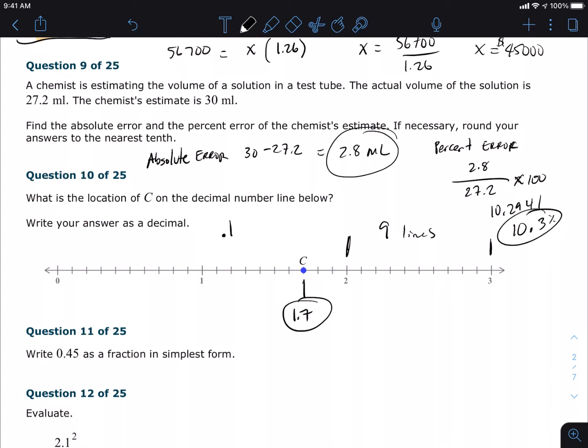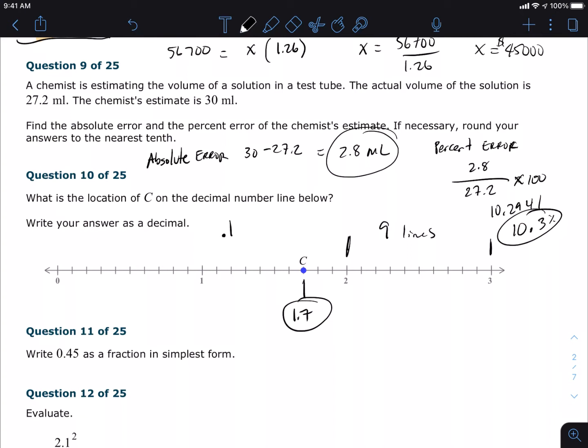The 10th line gets us to the next whole number, correct? So then I would go a whole number is always going to be equivalent to 1, right? When we're counting, it's just equivalent to 1. So 1 divided by 10 gives me my tenths. Because it's always going to be 1 more than the number of lines in between.